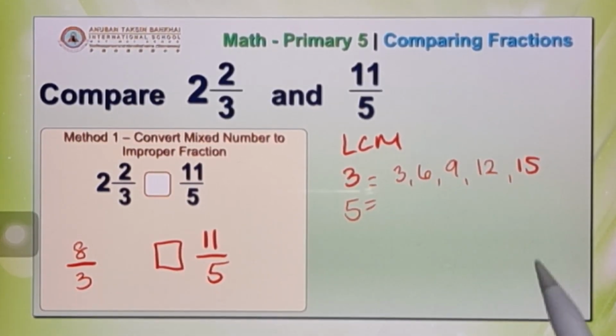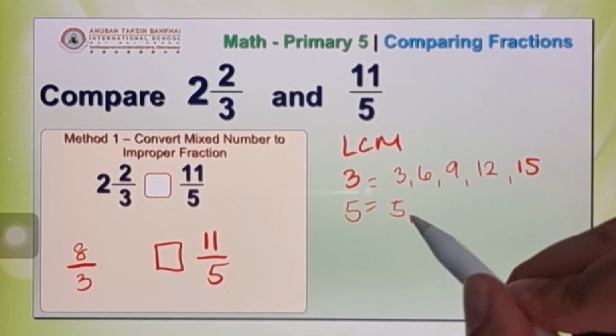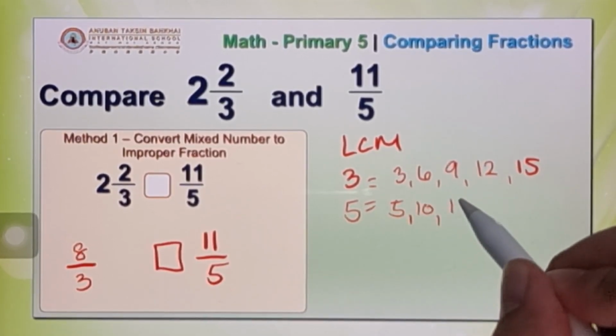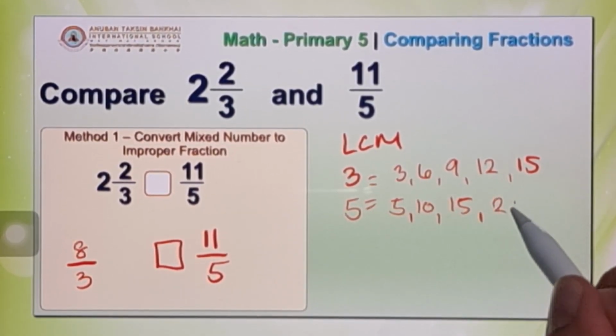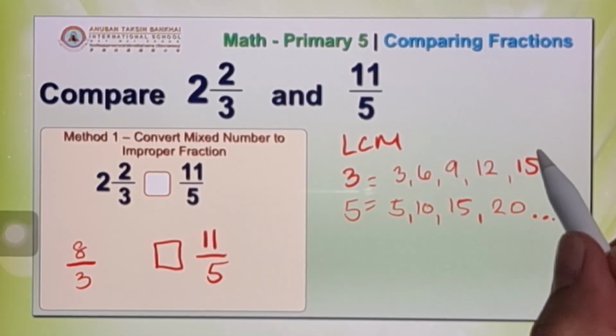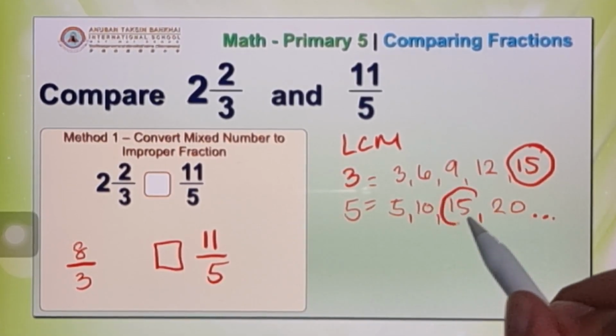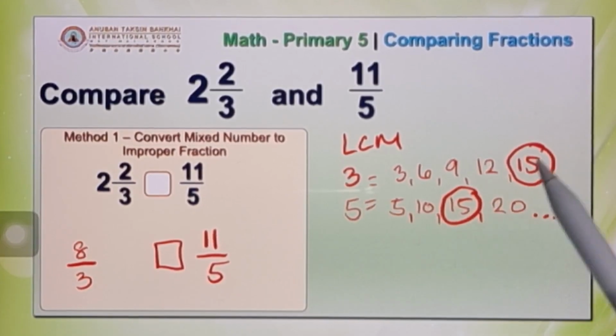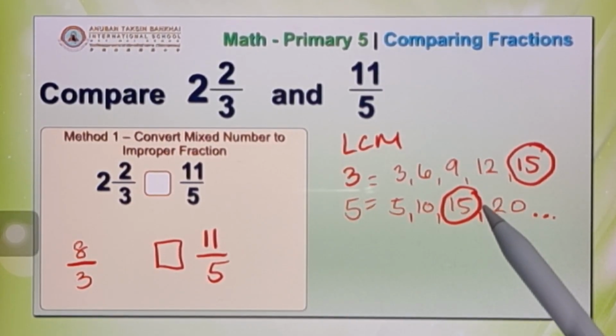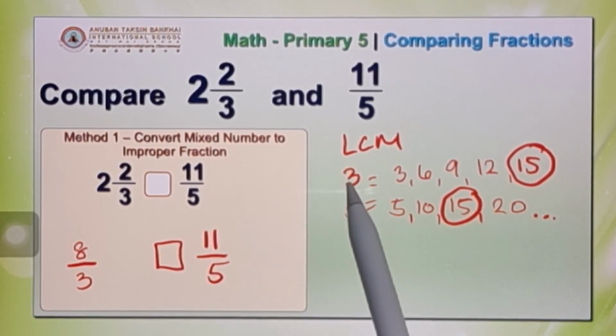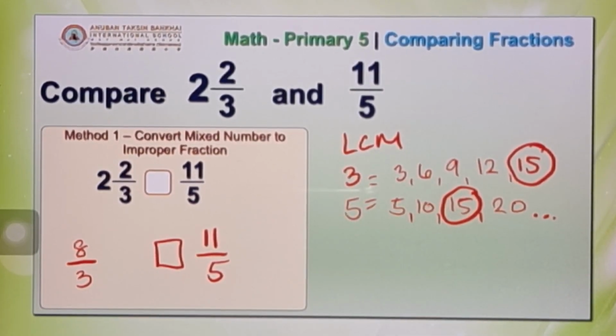Okay, now 5, we have 5, 10, 15, 20. Okay, so we can actually see that we already have our LCM. So therefore, the LCM of 3 and 5 is 15.